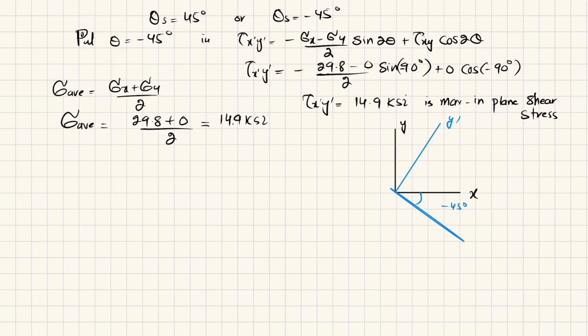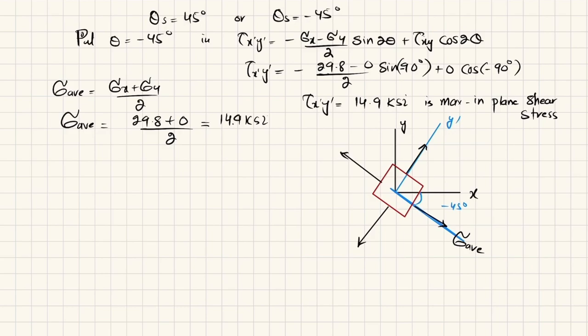And if you draw the element like this, so this will be the element, clear, and you can see that the average normal stress will be perpendicular to this surface, perpendicular to this surface, and this is sigma average, all are sigma average.